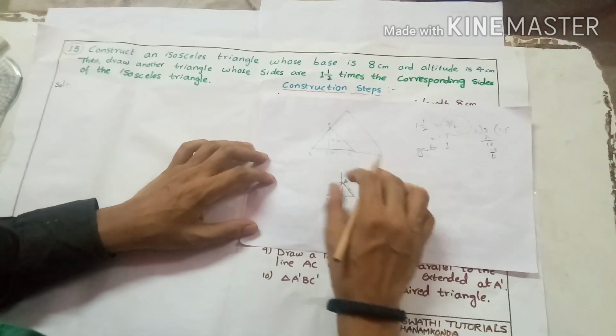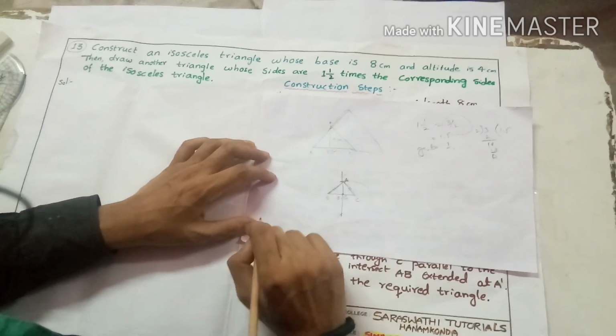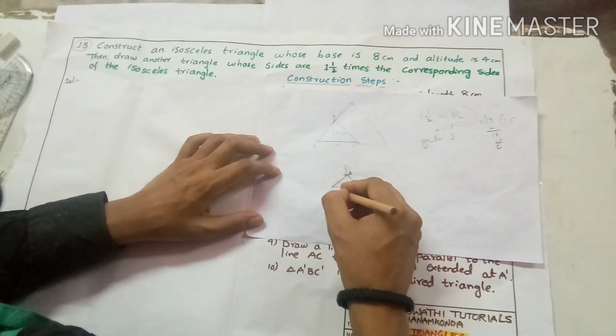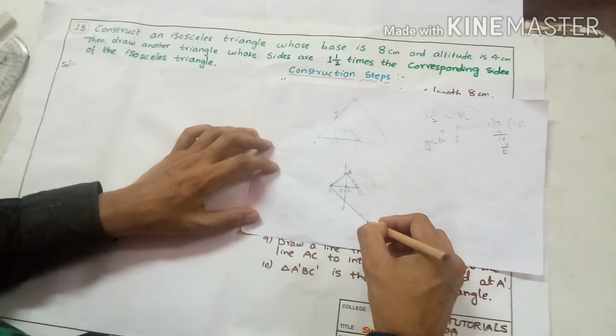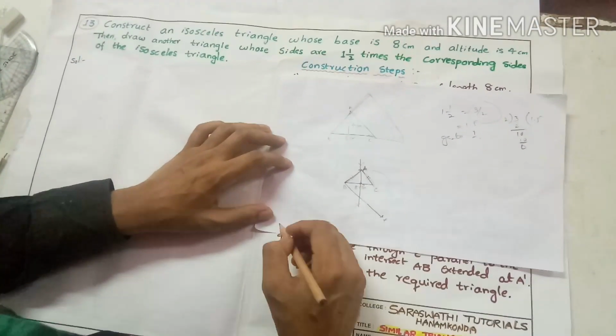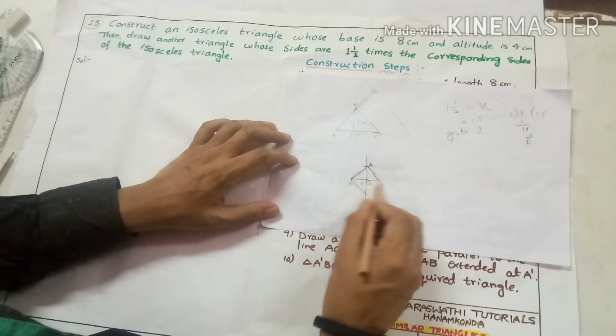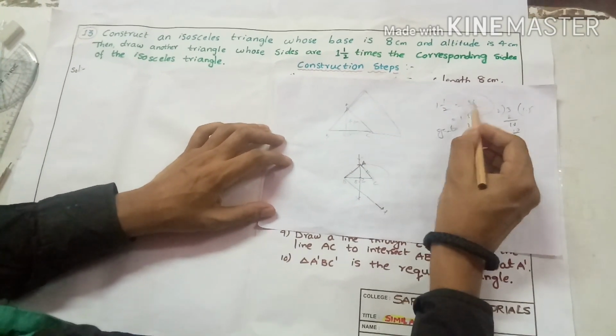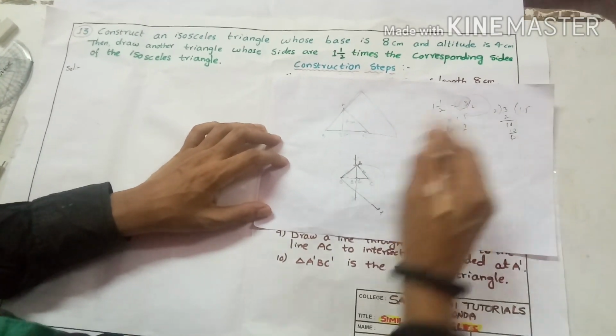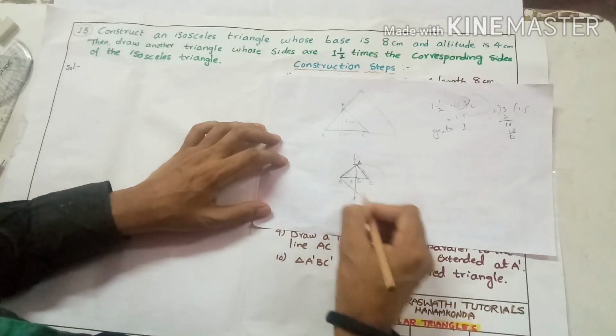So the required isosceles triangle is, first the given isosceles triangle is drawn again. So with B as the point, draw a ray BX. This BX must make an acute angle with BC. Now since the ratio is 3/2 and the greater value is 3, we have to take 3 points: 1, 2, 3.